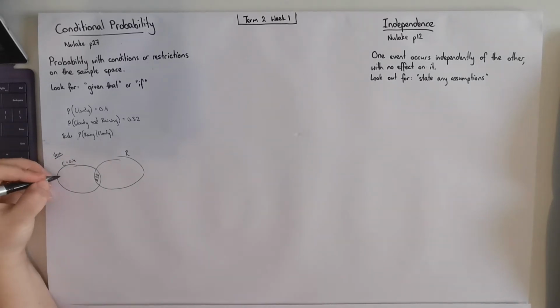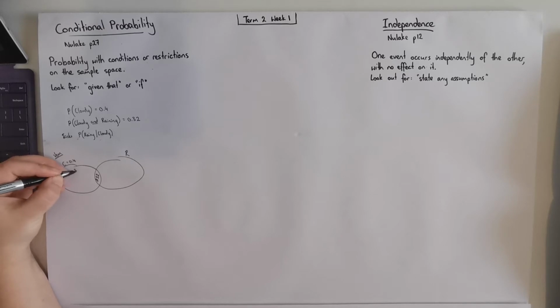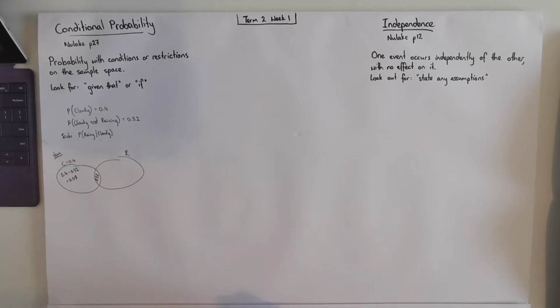That means, of course, that the 0.32 needs to be detracted from that. So that leaves us with the probability of it being cloudy only, or cloudy and not raining, is 0.08. Okay, common mistake to make. We have worked on that a little bit in class. Now, that's all we can do at the moment for a Venn diagram.